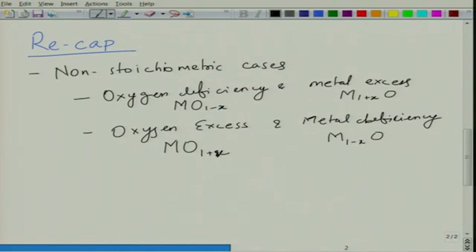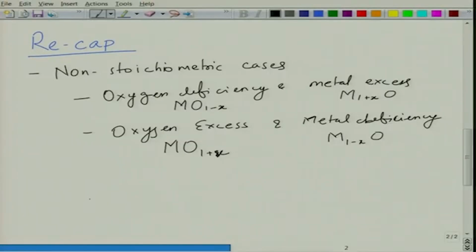Generally you do not talk about changes in the cation valences, so generally it is metal which reduces, oxidizes. And oxygen excess can be accommodated by formation of oxygen interstitials, which can be compensated by formation of either holes or metal oxidation. Okay. And metal deficiency can be accommodated by formation of metal vacancies, which are compensated by formation of holes or again oxidation of metal ions.